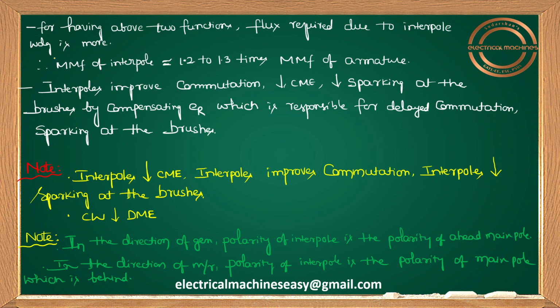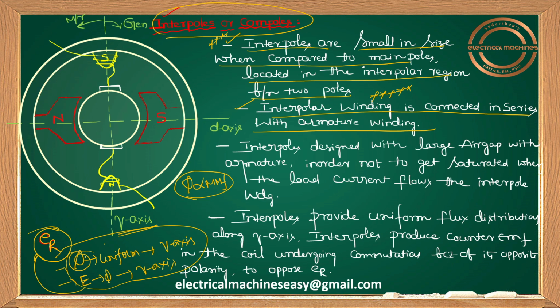That is what I have given here: the MMF of the interpole equals 1.2 to 1.3 times the MMF of the armature. Why is the MMF of the interpole more? Because the requirement of flux is more. Why is it more? Because I need two fluxes here. Interpoles provide uniform flux distribution along the Q axis, and interpoles produce a counter EMF in the coil. For producing that counter EMF, I need some flux once again.